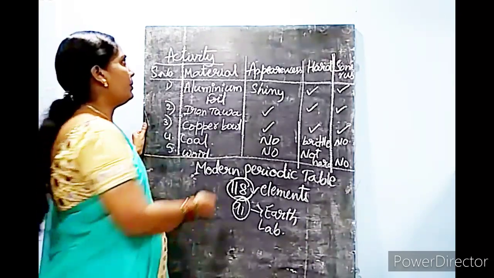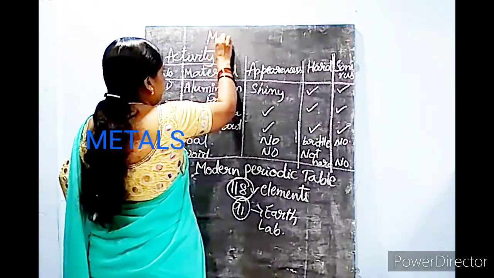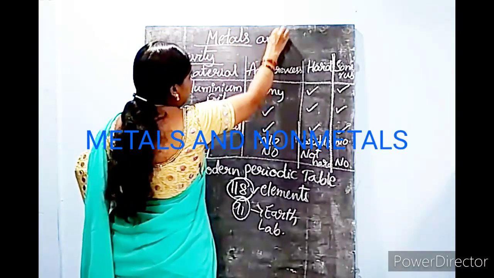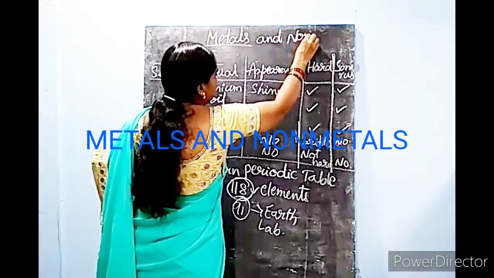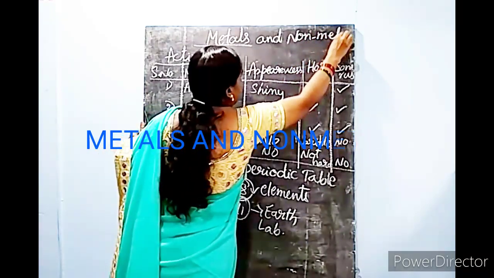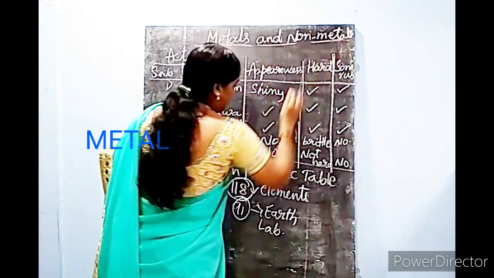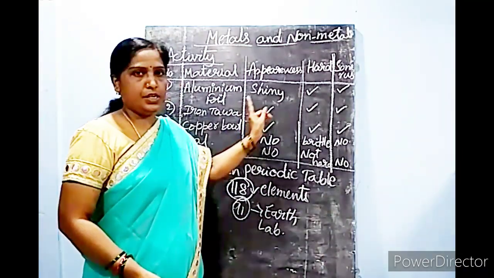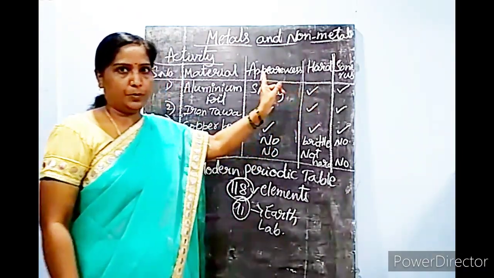So our topic today is metals and non-metals. Out of these 118, some show the shining property, hardness property, and sonorous property.